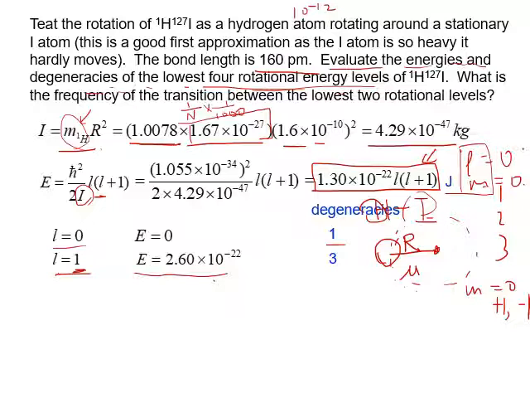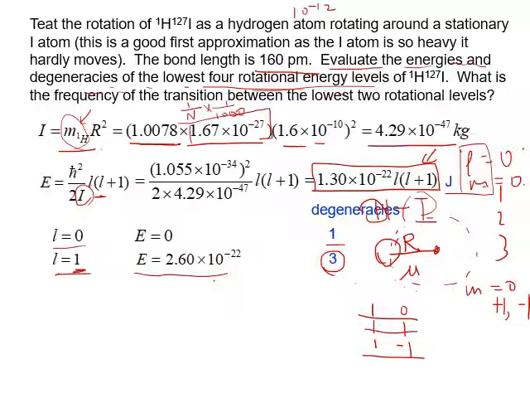For example, L is 1 and M is 0, L is 1 and M is 1, L is 1 and M is negative 1. Each of these combinations gives you a wave function, and therefore the degeneracy is 3.